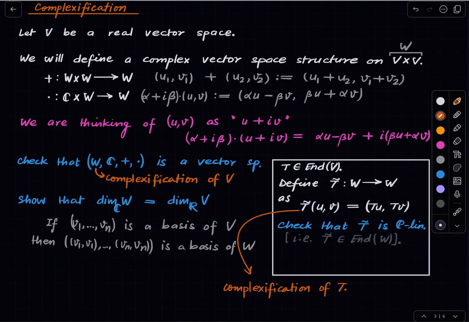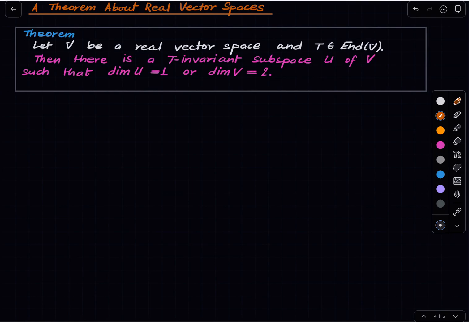Okay, so now let us proceed to exploit this in order to prove some non-trivial results about real vector spaces. So fix a real vector space V and an endomorphism T on it. Then we will show that there is a T-invariant subspace of V, call it U, such that the dimension of U is either 1 or 2.